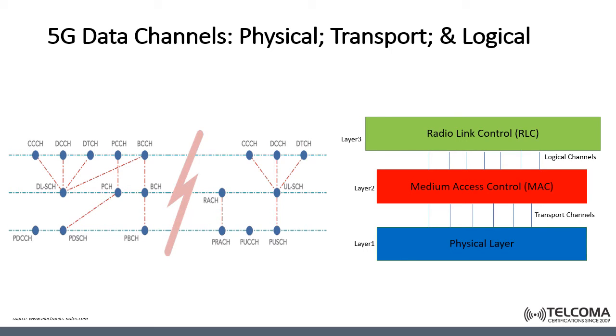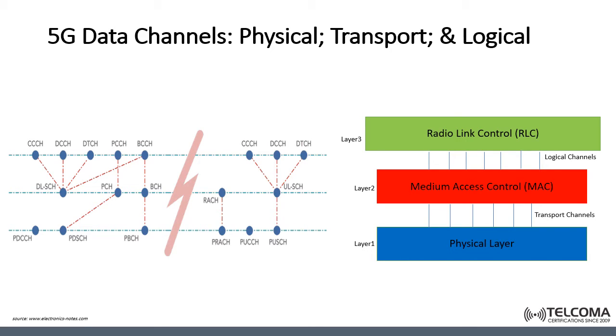The first type of the channel is the physical layer channels. And for the physical layer, you will see that the physical layer channels are similar to the 4G LTE channels, but two channels have been removed, which are the BCCH channel and the BCH channel.